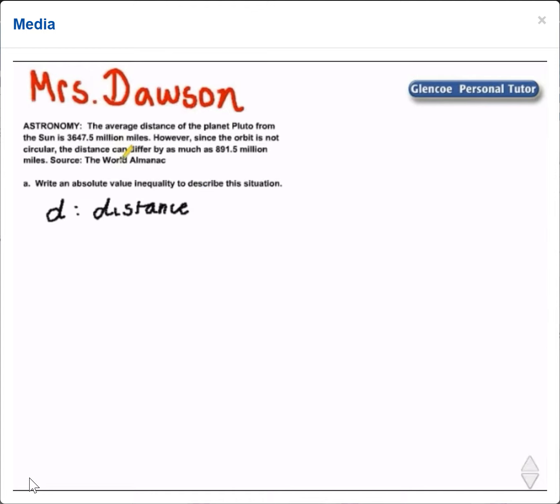Since it says the distance can differ by as much as 891.5 million miles, we have an absolute value because we don't know if the distance is greater or less than 3,647.5 million miles minus D. If we take the absolute value, the difference could be greater or less by as much as, which means the absolute value will be less than or equal to 891.5 million miles.